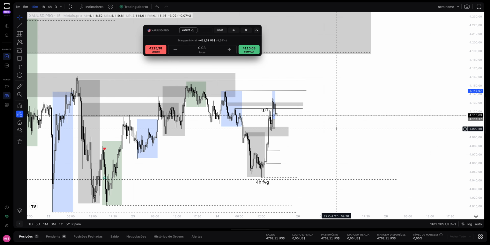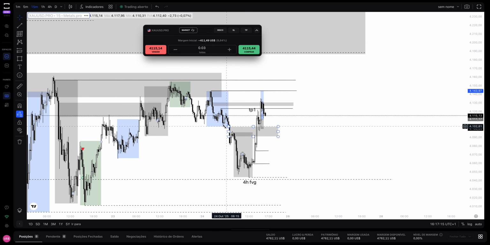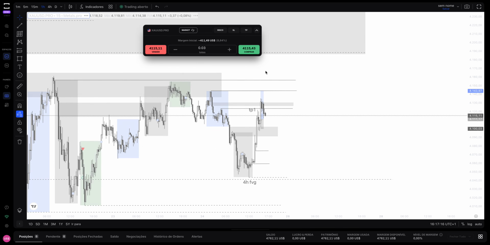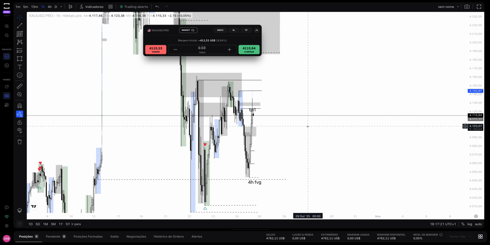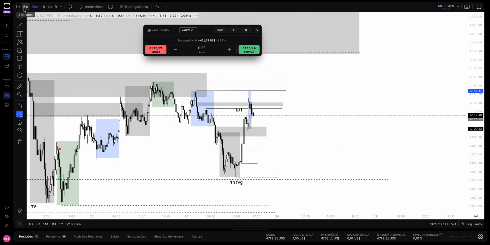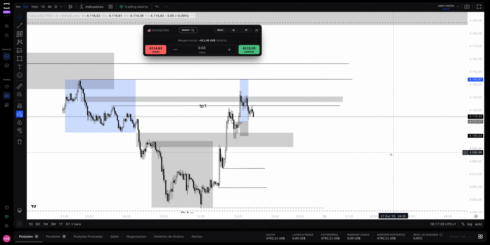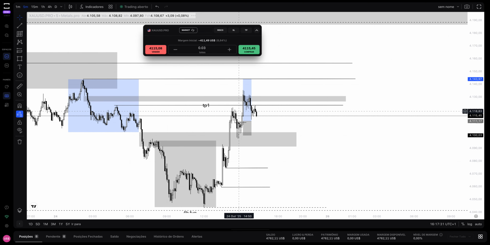And after that we also had this inverse fair value gap, and this 1-hour inverse fair value gap, so I was even more bullish. For me it was clear that the bias for the day was bullish, at least for the New York session. So I waited to see the New York market open, I waited to see the manipulation, and then I would want to take a long.